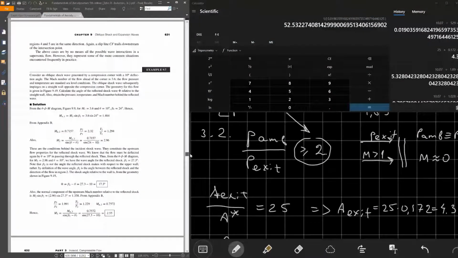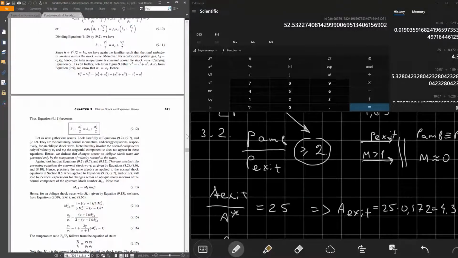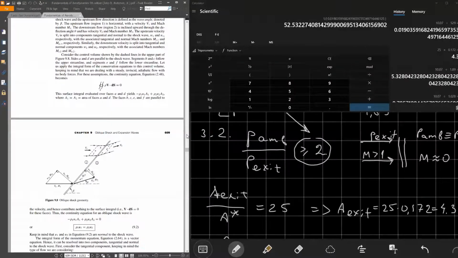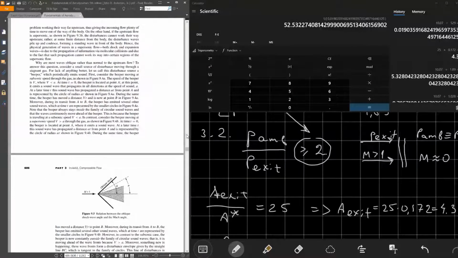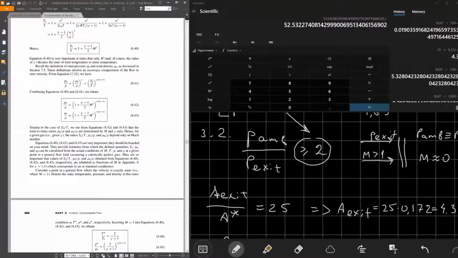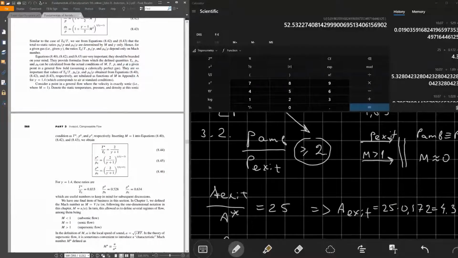But by practice we can always see that if the pressure at the exit of the nozzle is 2 times or even more than 2 times smaller than ambient, then a shock wave will exist. Look, P by P0, T by T0, and here P by P0.